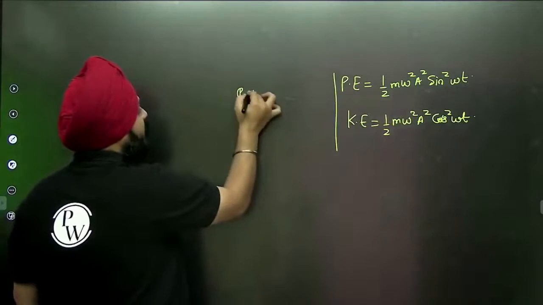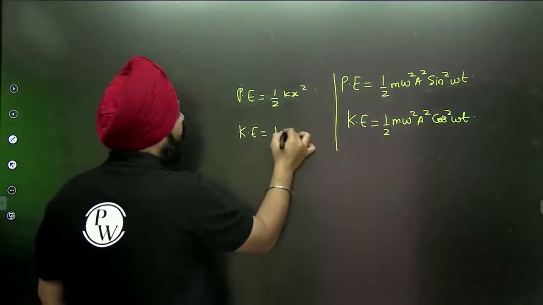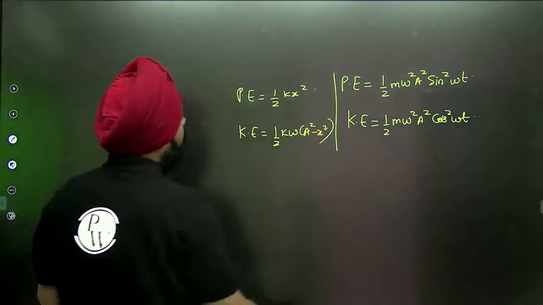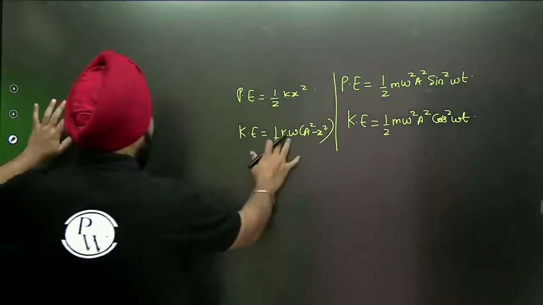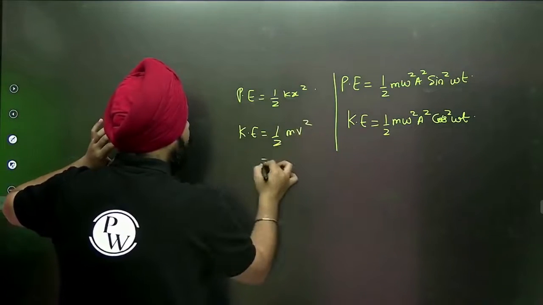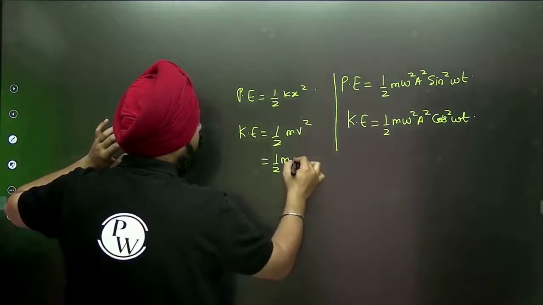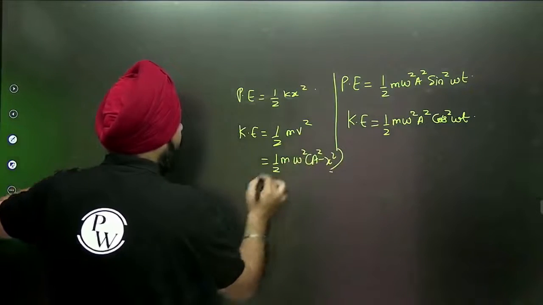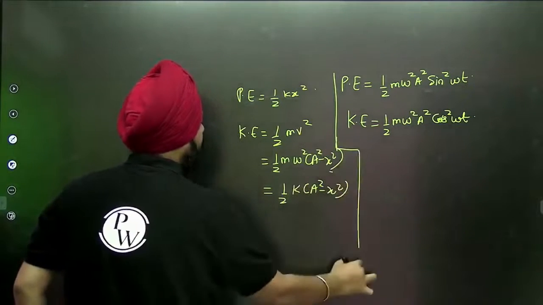Another equation of the potential energy is half kx square, and kinetic energy is half mv square, which is half m omega square times a square minus x square. Yes, that's the perfect thing. So that will be half k times a square minus x square. Yes, that's perfect.